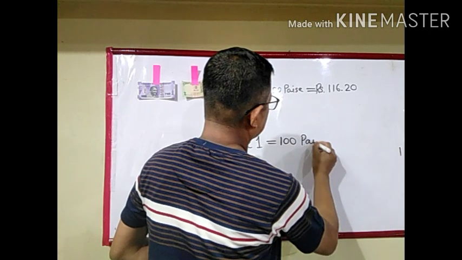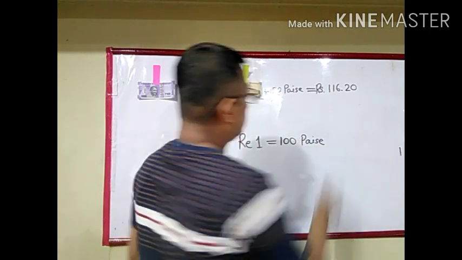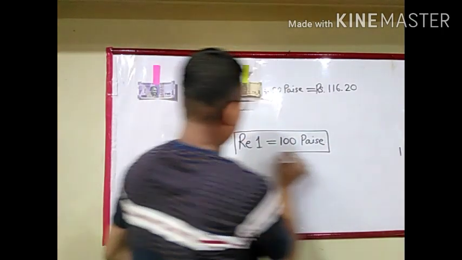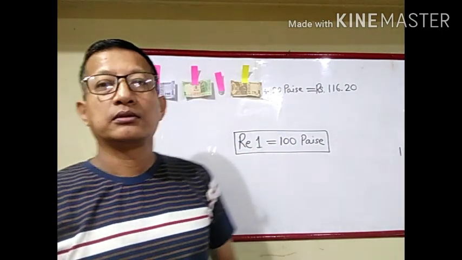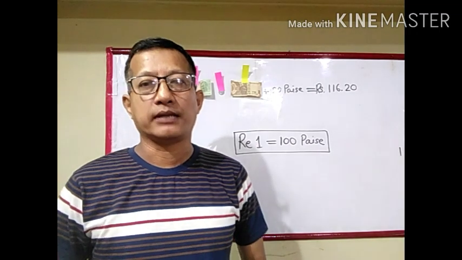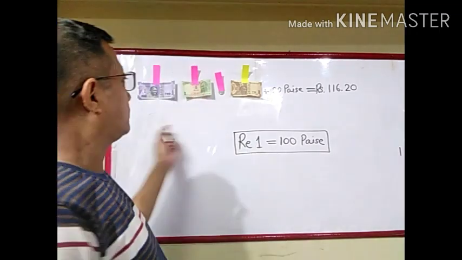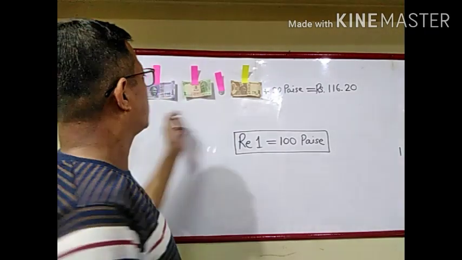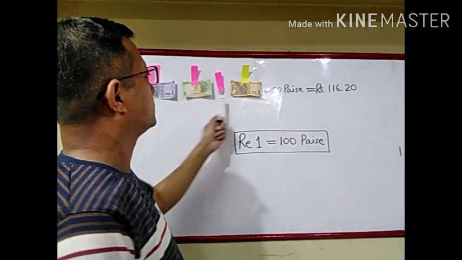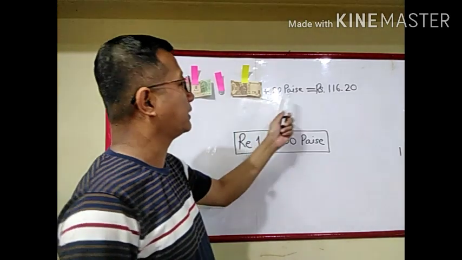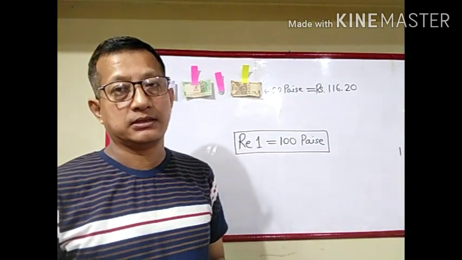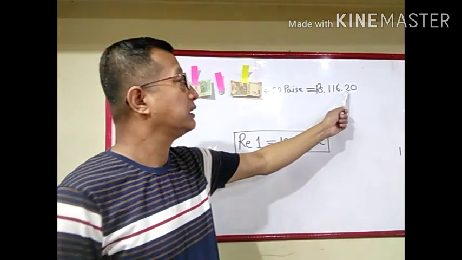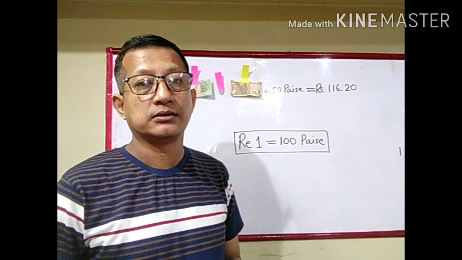This one is important: 1 rupee equal to 100 pies. So here total how many pies then? Can you convert this? This much rupee, 100 rupees, 5 rupees, then 1 rupee coin, then 10 rupees, and 20 pies. Here how many rupees have you got? You got 116 rupees, then 20 pies you have got.